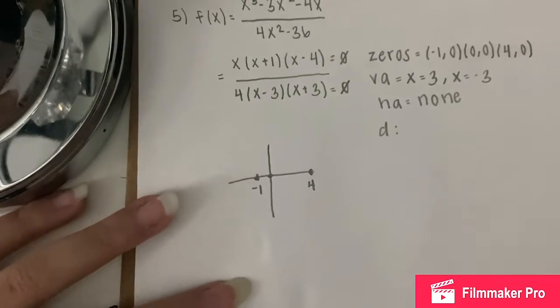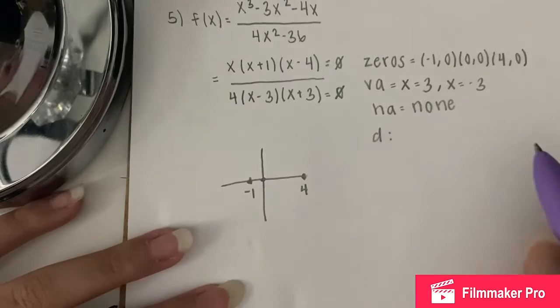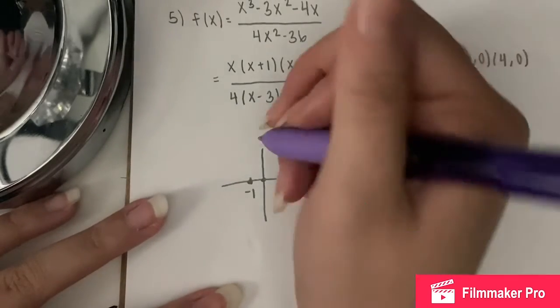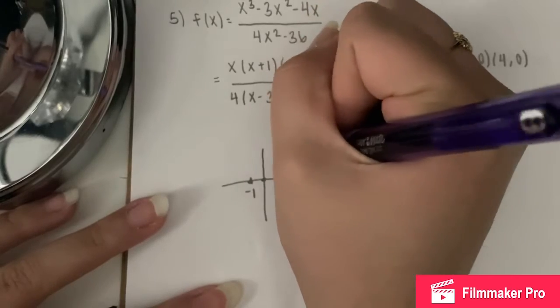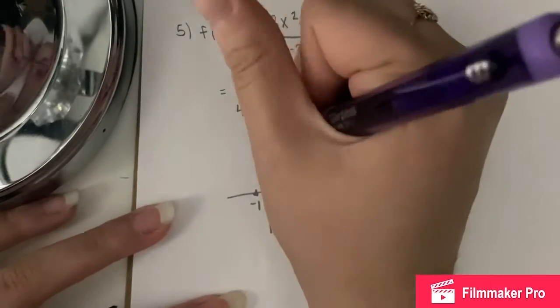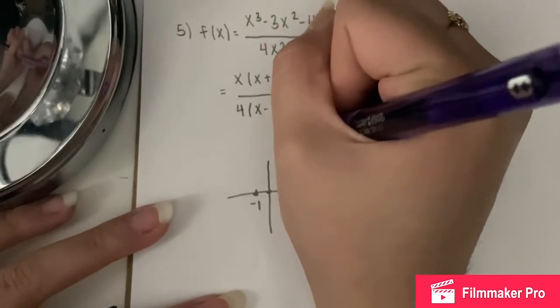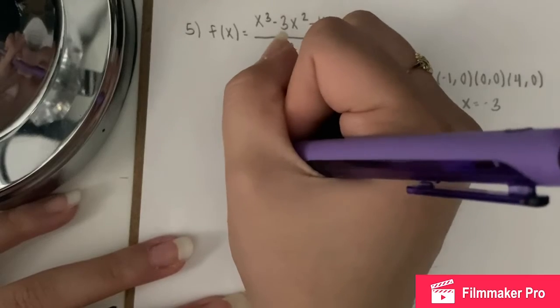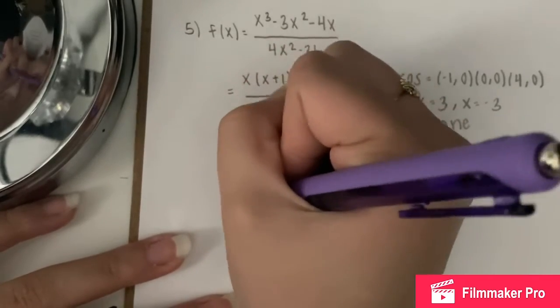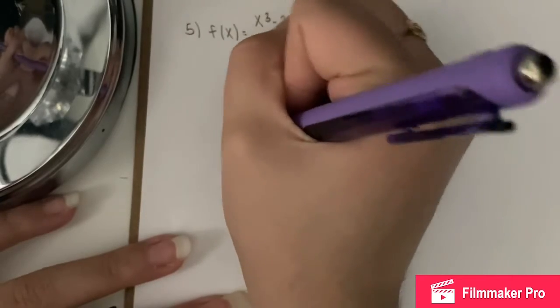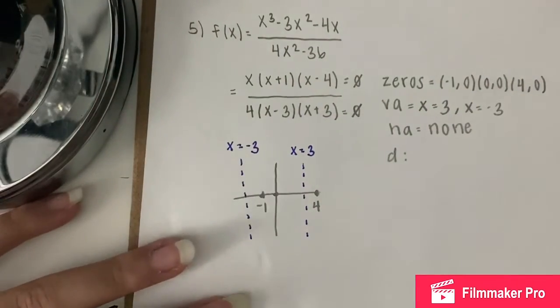And we know that we have a vertical asymptote at 3 and -3. So here we'll put this one at 3, and this one is x equals 3. And then we have another one at -3, so we'll just put this one around here, and this one is x equals -3.